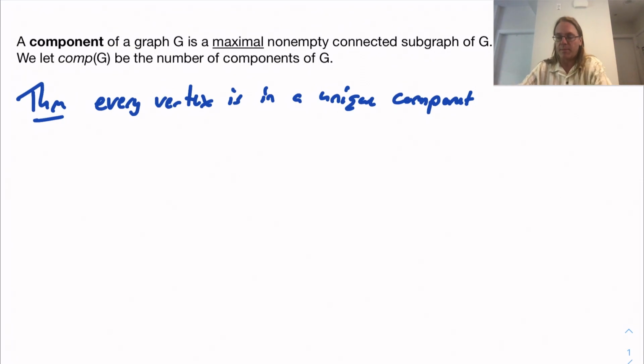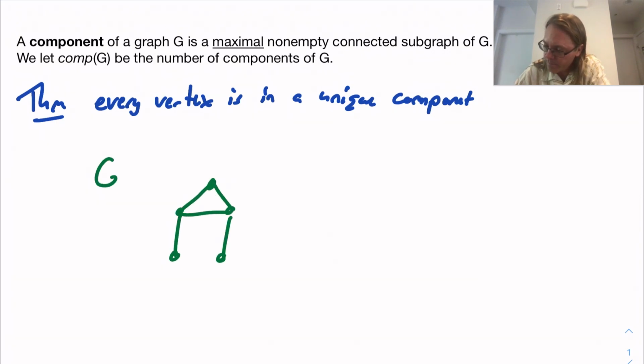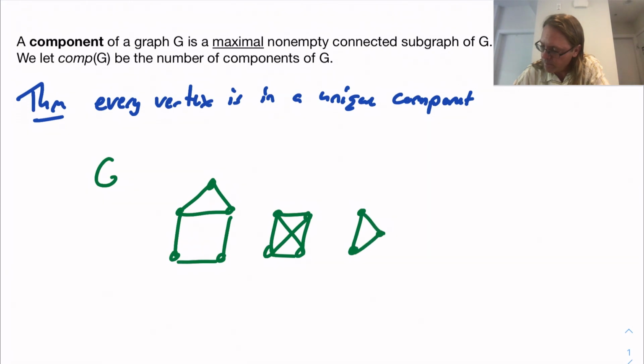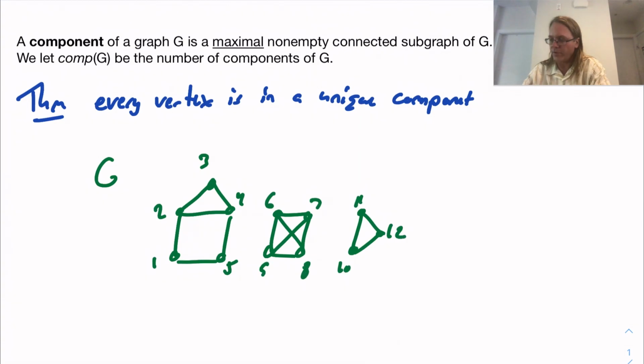It's perfectly possible for you to make a graph G that has, here's a perfectly nice graph G. So there's a 12 vertex graph G.